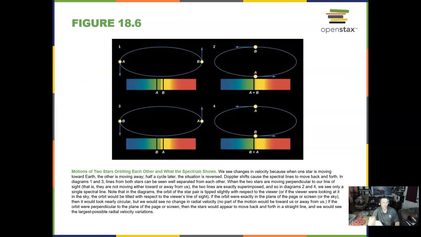We can see the motions of stars in a binary system. We can look at the spectrum. And in a spectrum, the dark absorption lines will shift back and forth as you see the two stars in the pattern. You only see that spectrum in pictures 1 and 3 where that motion is towards us or away from us.